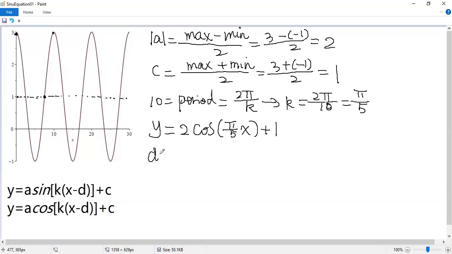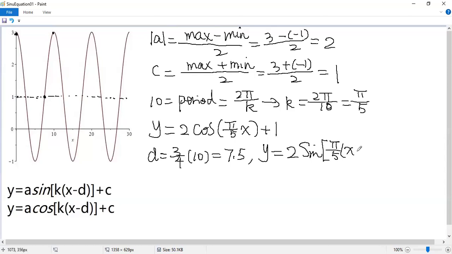So d equals 3/4 of 1 period, which is 7.5. So you see, the equation can also be written as y equals 2 sine of pi over 5 times (x minus 7.5) plus c, which is 1.